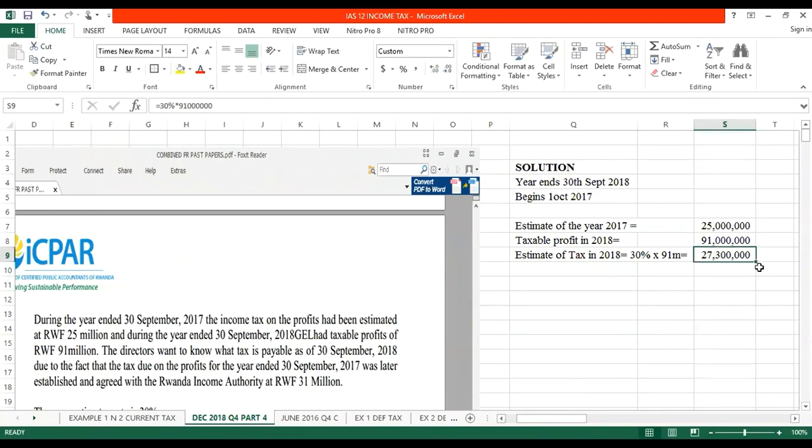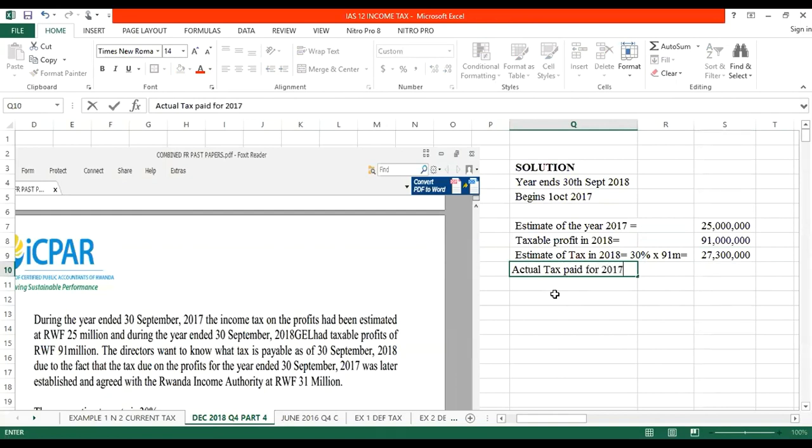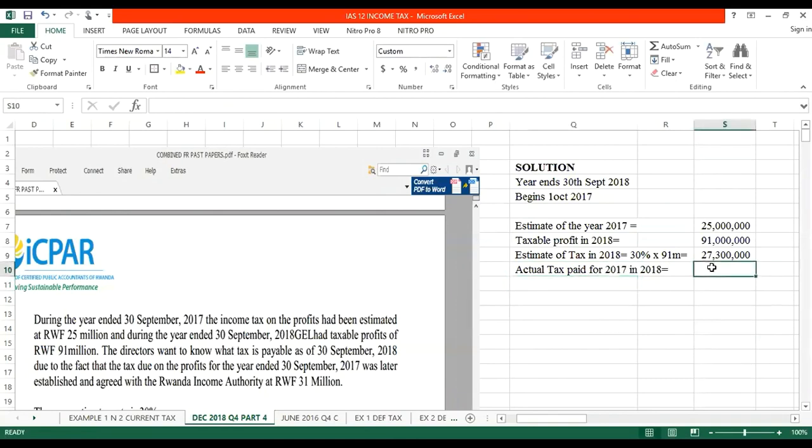It is that. Now next, actual tax paid. The actual tax paid for the year 2017, but it was paid in which year? 2018. It was later established and agreed with Rwandan Revenue Authority at 31 million.